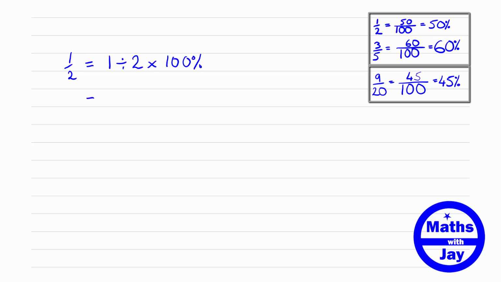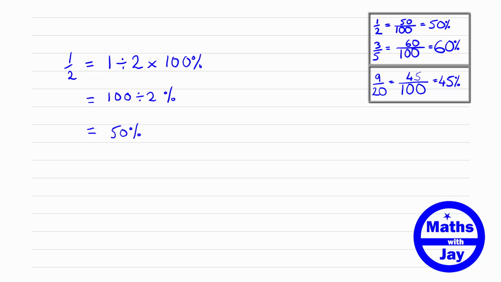And then we could change the order here. Multiplying or dividing by 1 leaves it the same, so we could forget about that, and do the calculation of dividing by 2 after the 100. So we've just got 100 divided by 2, and that's 50%.